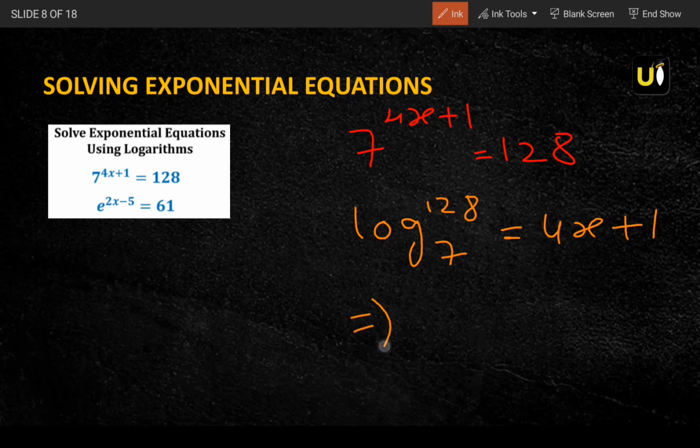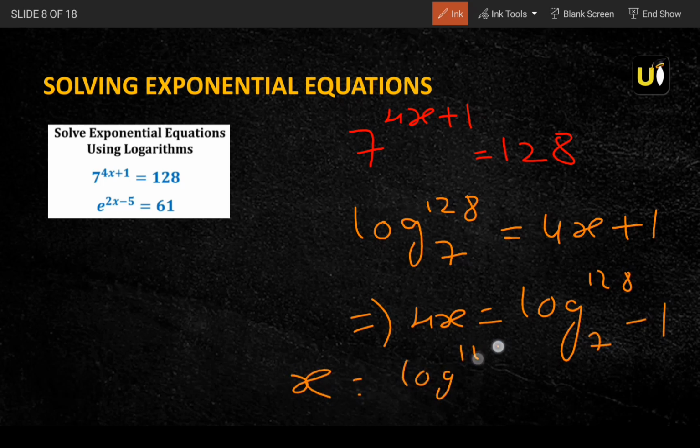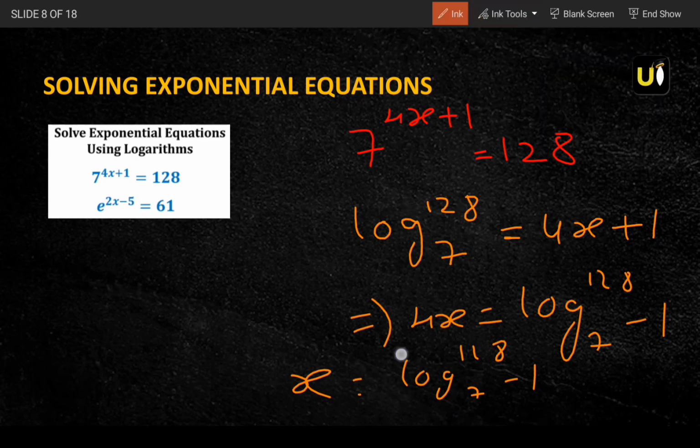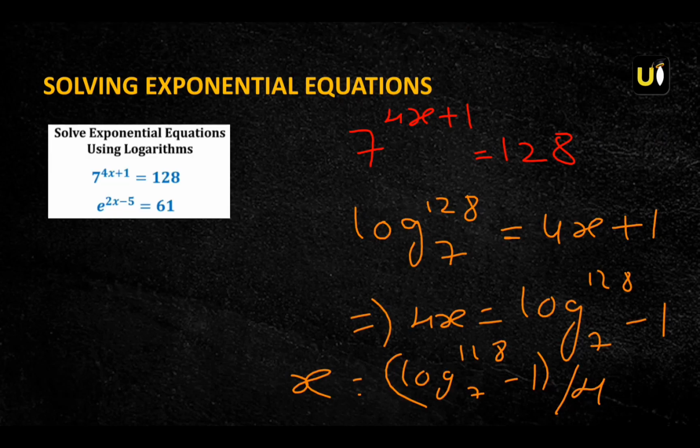So 4x is equal to log 128 to the base 7 minus 1. So x is equal to log 128 to the base 7 minus 1, divided by 4. Okay, now let's see the next question.